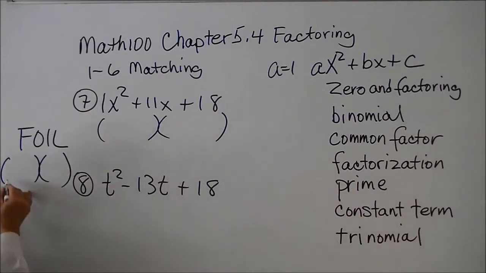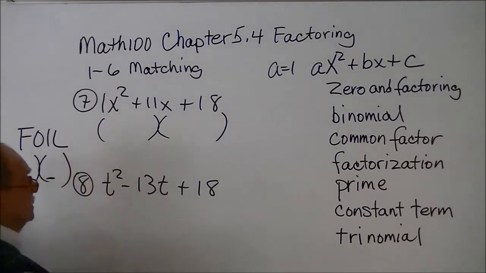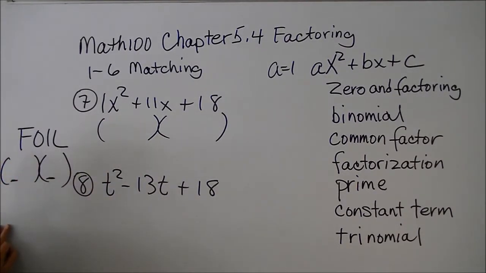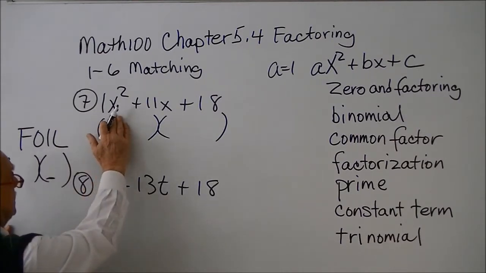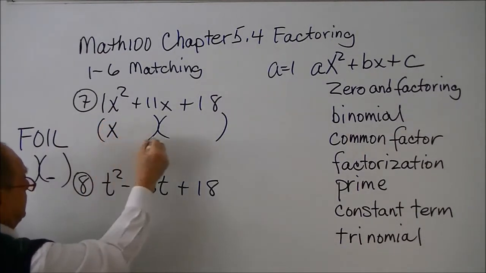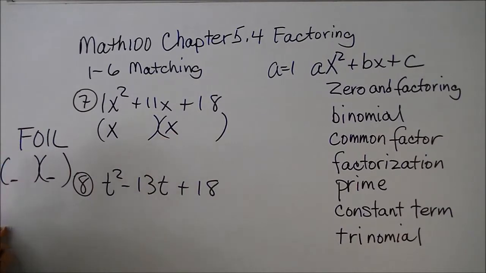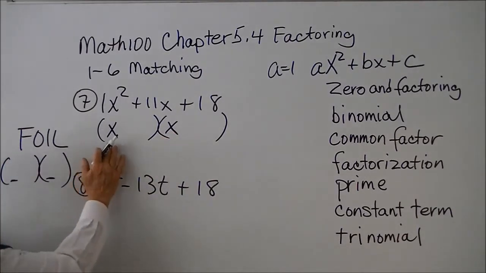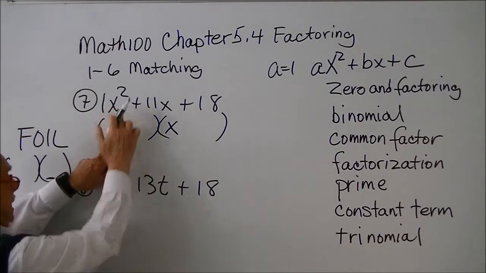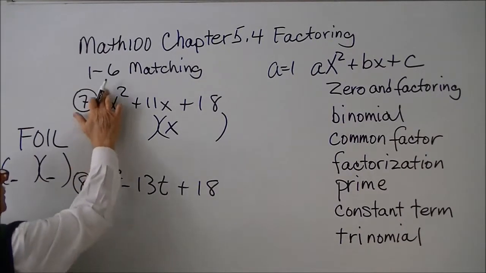And if you recall, we had to multiply this by this to get our first term, which is the F in FOIL. And as we look at this, it's just going to be x and an x. Because if we multiply our first terms, we get x squared. And we don't write the 1.